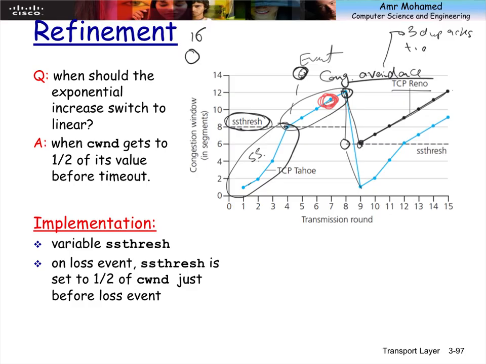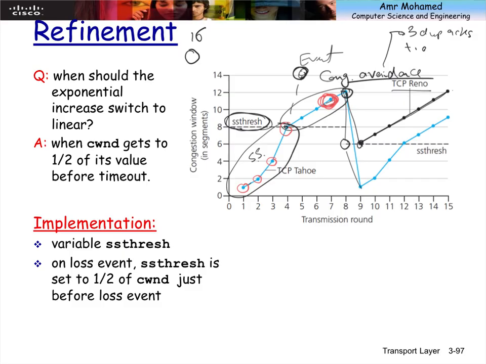We can't know because this is an RTT. Here it's 1, plus 2, plus 4, plus 8. So it's a geometric series actually. So the question is how many?